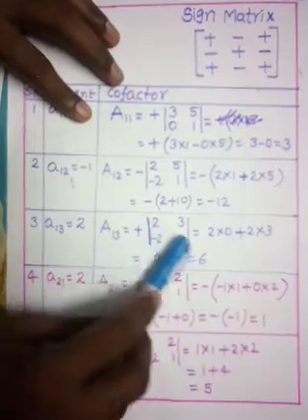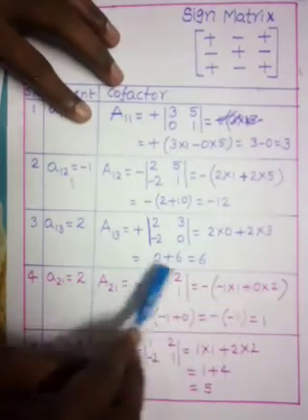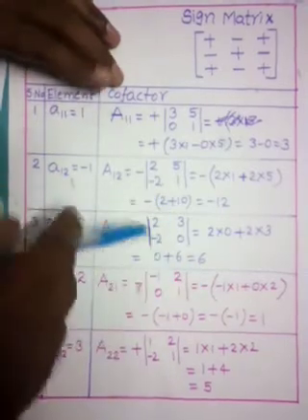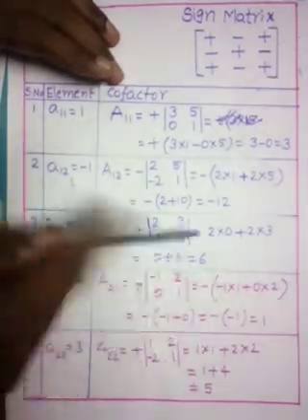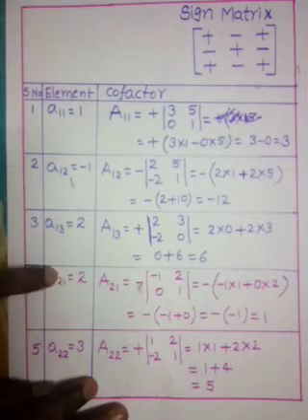We write that submatrix here and find its determinant. 2 into 0 plus 2 into 3. That is equal to 6. Understood how to find the cofactor of an element in a matrix? So we follow the same procedure to find the remaining elements.